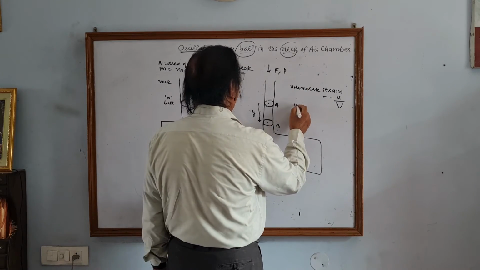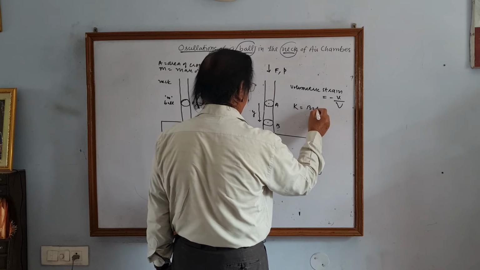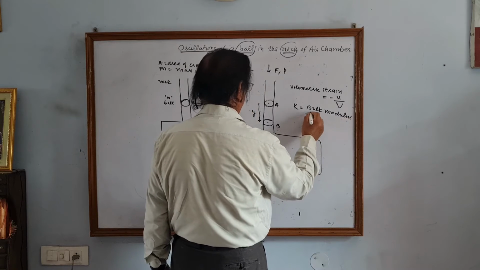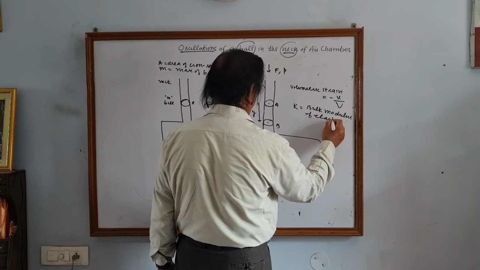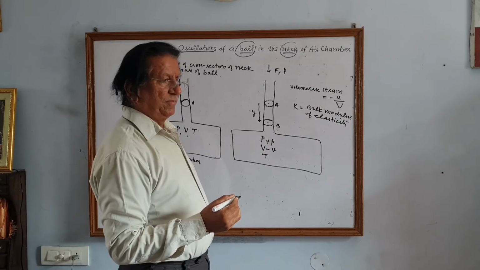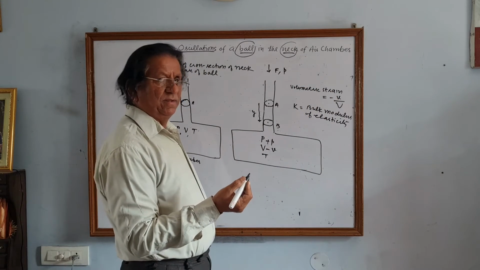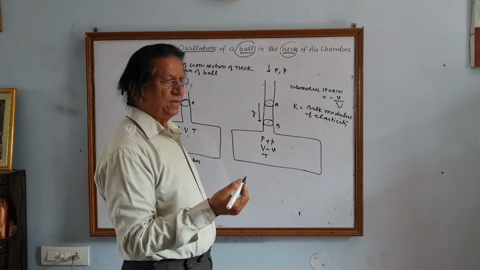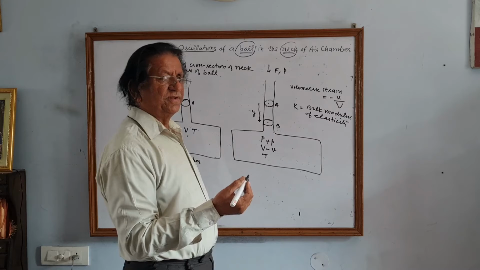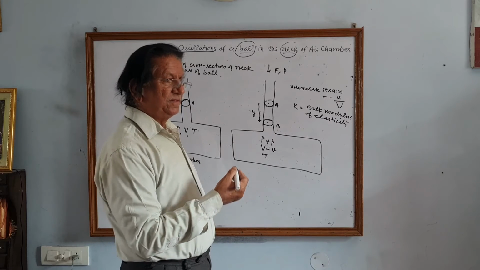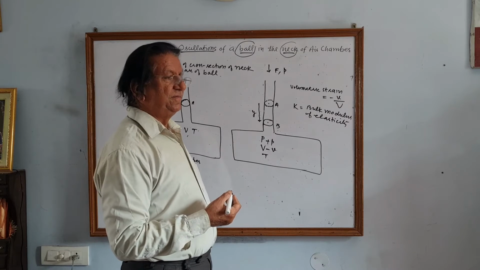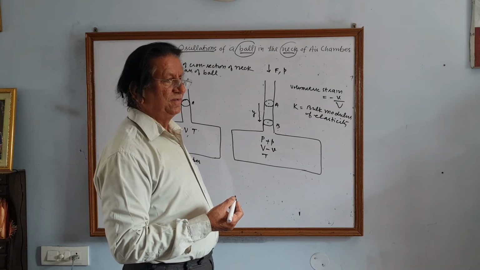Now if you take K as the bulk modulus of elasticity. You know elasticity and the different coefficients of elasticity: Young's modulus, bulk modulus, modulus of rigidity, depending upon which type of strain is produced. This is a case of volumetric strain, and the coefficient of elasticity will be the bulk modulus of elasticity.